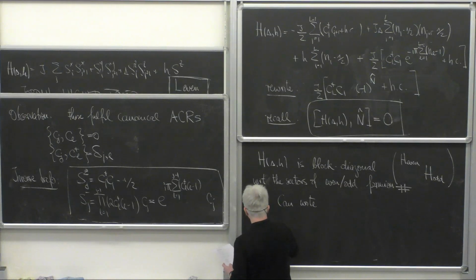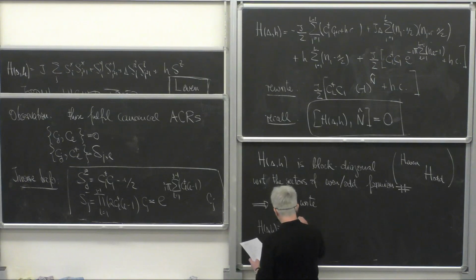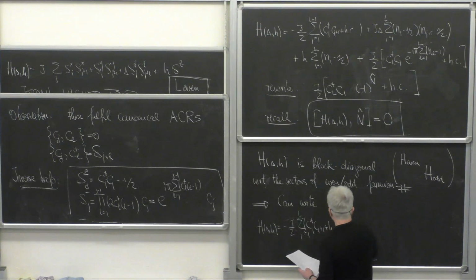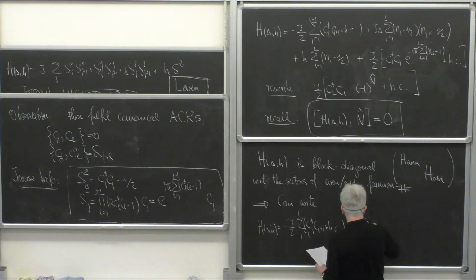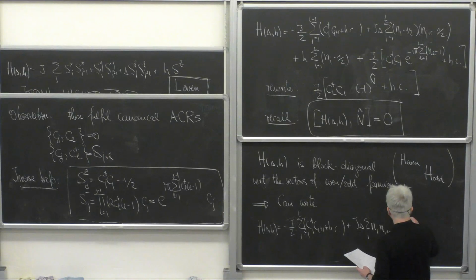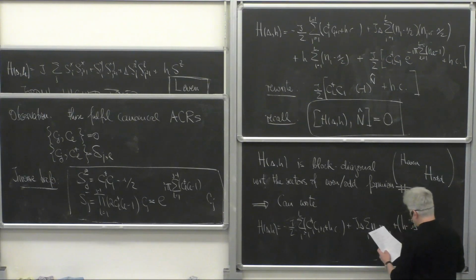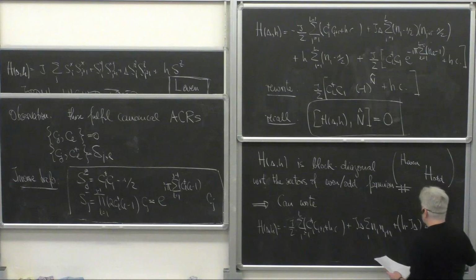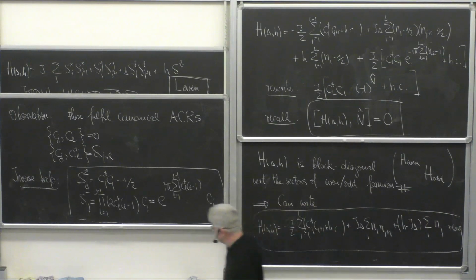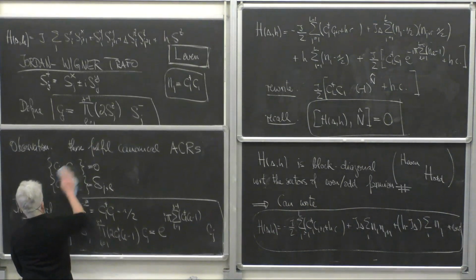H of delta is in fact minus J over 2 sum j equals 1 to L c dagger j c j plus 1 plus Hermitian conjugate, plus J delta sum j n j n j plus 1, plus H minus J delta sum over j n j, plus a constant, with one caveat, which I'm going to write down now.